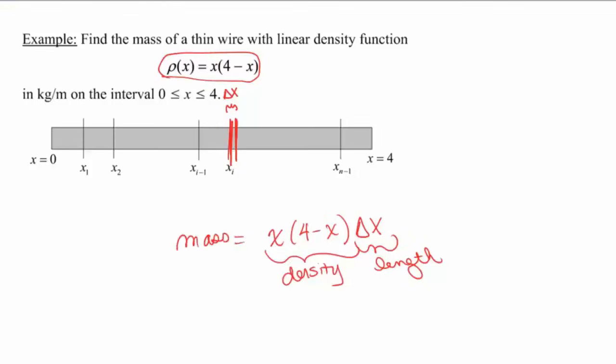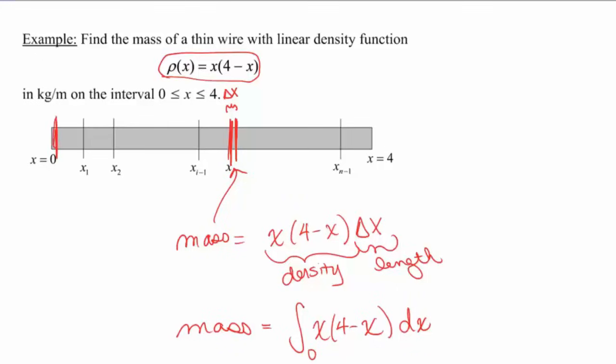But that's only mass for one little slice. If we want the mass for the whole thing, we're going to have to add them up. And the easiest way to add up a bunch of infinitely thin little slices is to integrate. So we're going to integrate our density function, and then our delta x turns into a dx when it gets infinitely small, from 0, if that's where we want to start, that we call x equals 0, up to wherever the rod ends. And that's going to give us our mass.